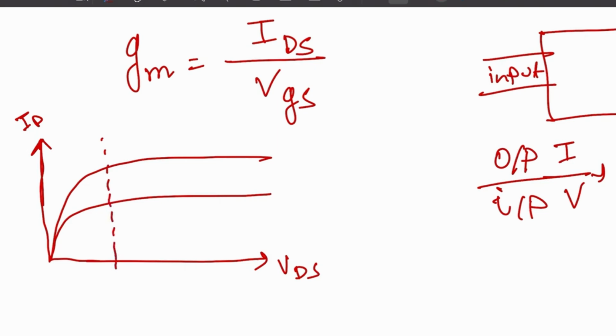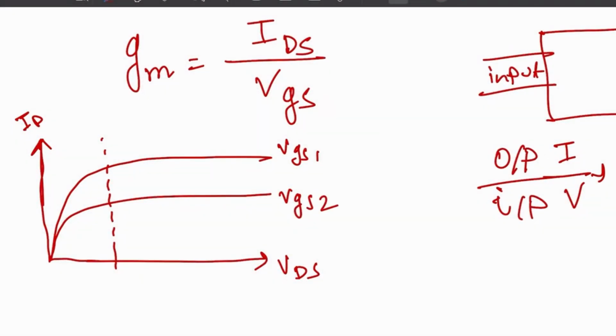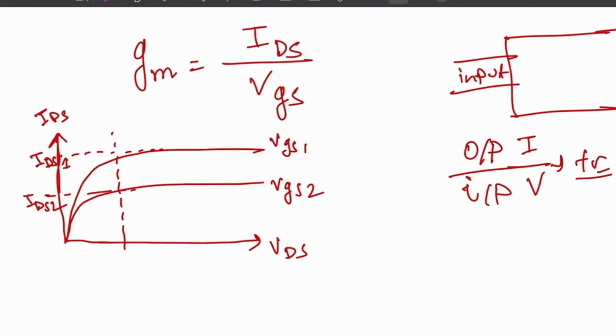Okay, so here it will be VGS1, this will be VGS2. Okay, so this will be the corresponding IDS1 and this will be the corresponding IDS2.